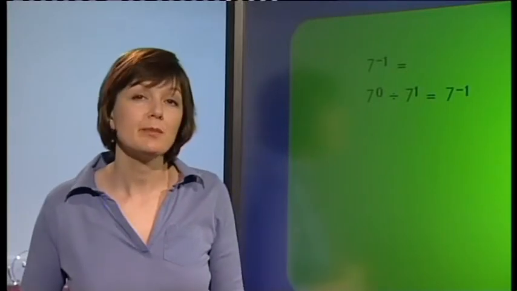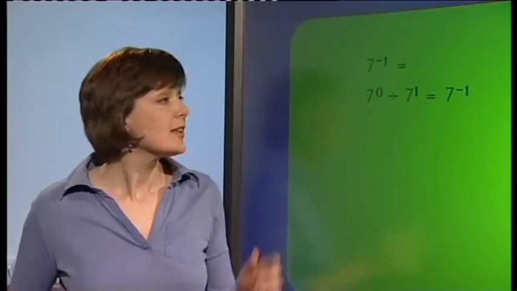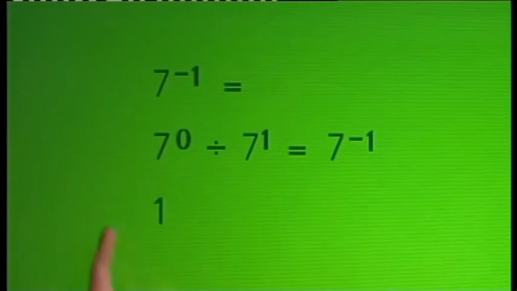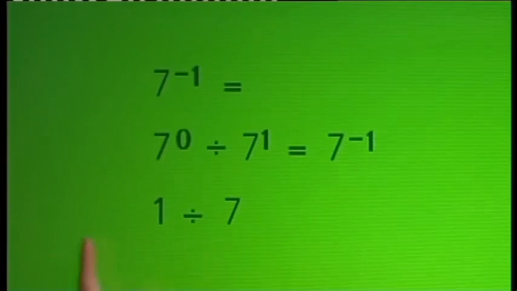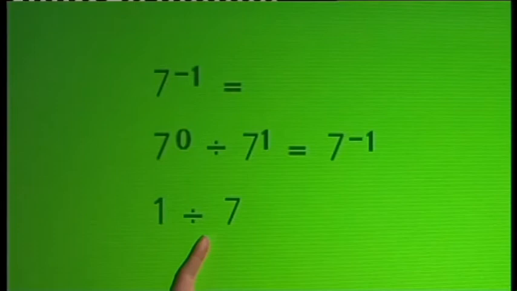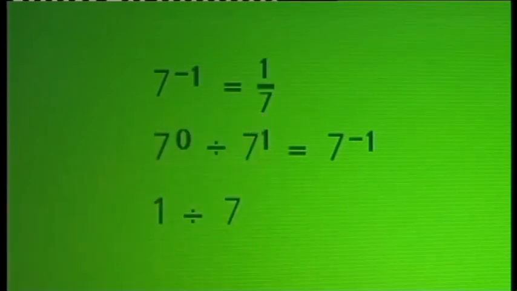But what does that mean? Well, 7 to the power 0 is just 1, and 7 to the power 1 is just 7. So when you divide these, you get 1 divided by 7. So 7 to the power negative 1 is just 1 divided by 7, or 1/7.